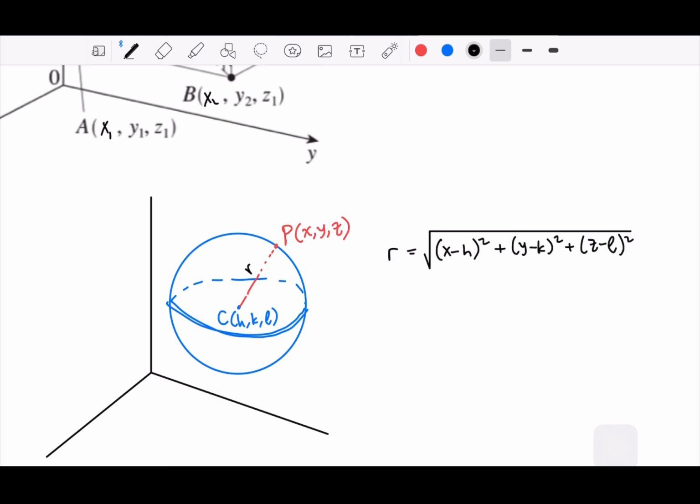So this is the equation of a sphere with center (h, k, l) and radius r.